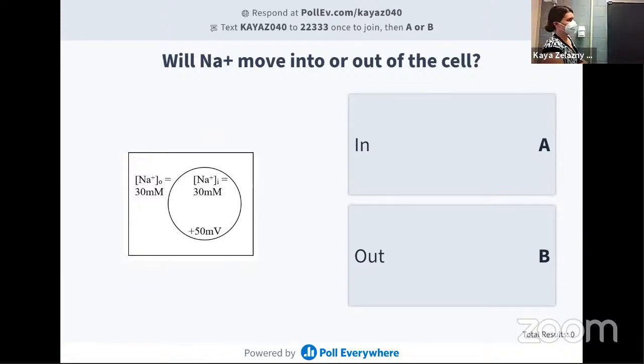What this notation at the top means is we're just noting the concentration inside versus outside. So that's the stuff at the top, right? This is just labeling the concentration in millimoles instead of drawing solutes. And then at the bottom we have our membrane potential, our Vm. So that's how we're reading this diagram.